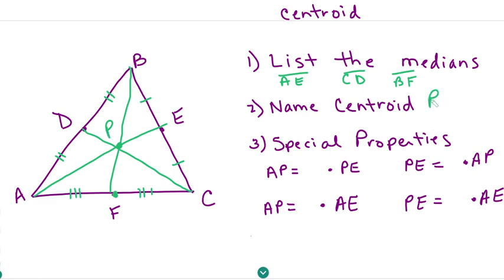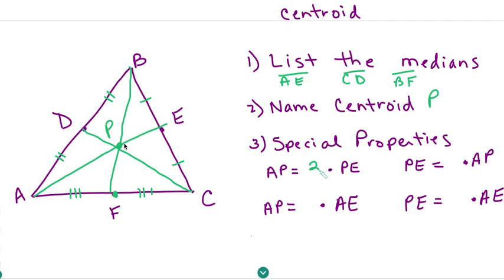Now, there are some special properties that we can use that are going to help us find the lengths of these medians. Okay? So the first thing that we're going to look at is AP. AP is going to equal 2 times PE.